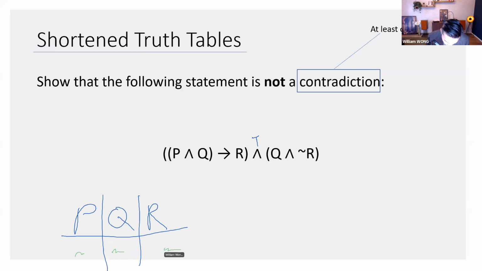We might say it's true or false. That's showing that the statement is not a contradiction. Okay? Everybody get that? So the key, the goal, is to find the TVAs which make the statement true.